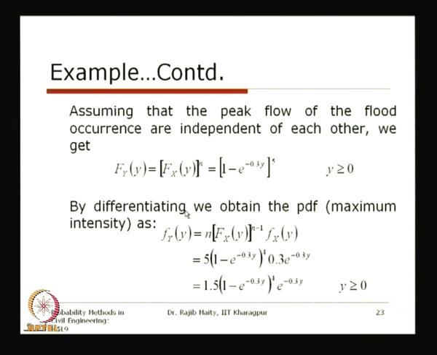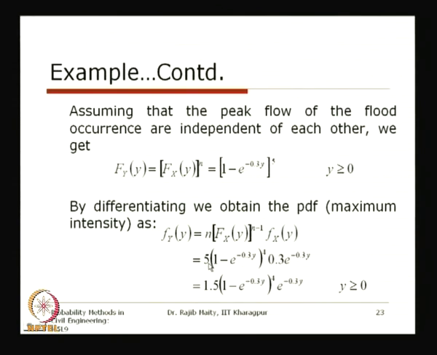Now, by differentiating, we obtain the PDF of this maximum peak flow as f_Y(y) = n F_X(y)^(n-1) times their individual PDF.